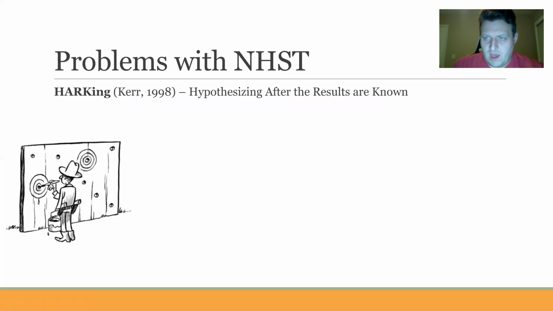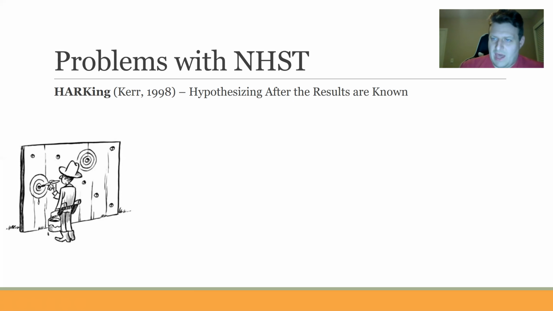Okay. Another researcher degree of freedom is called HARKing. HARKing is hypothesizing after the results are known. So one thing that you might do is you conduct many statistical tests and you see which ones look the best, and then you change your research hypothesis to match the data that you found.